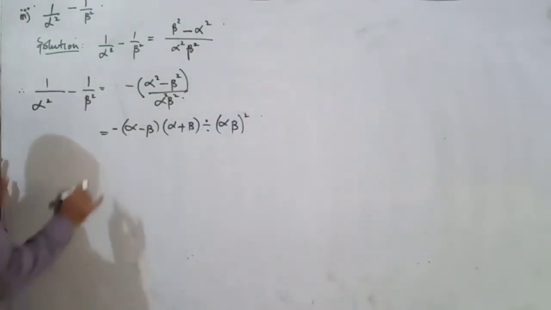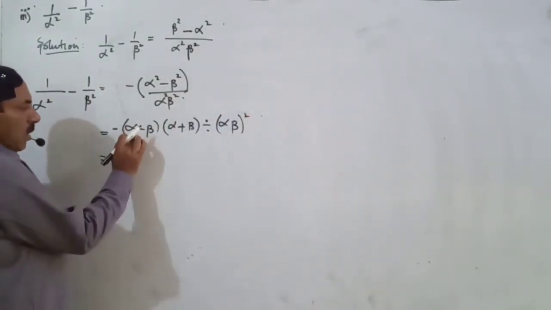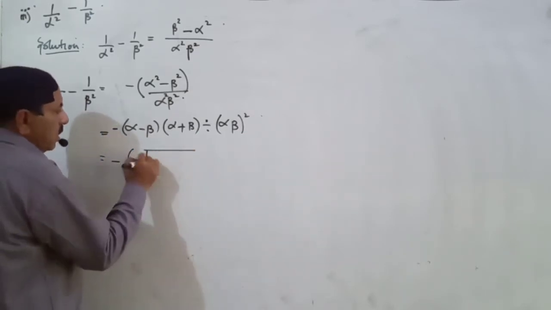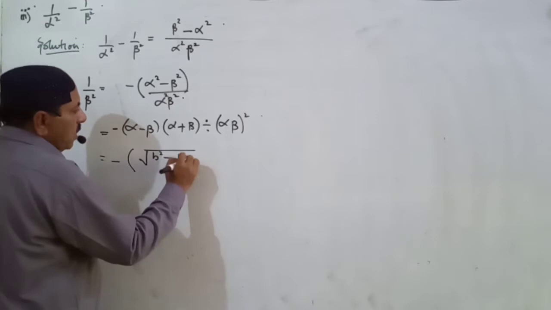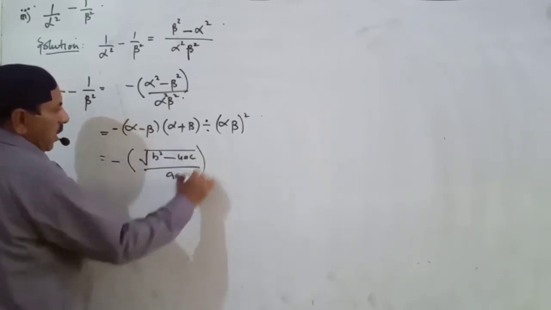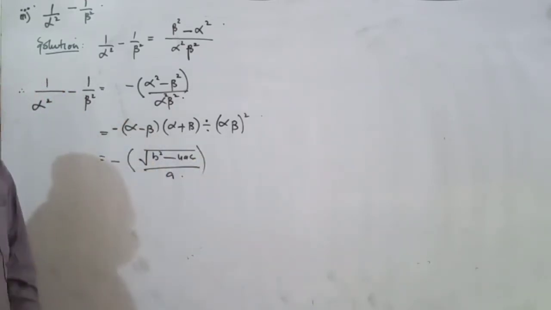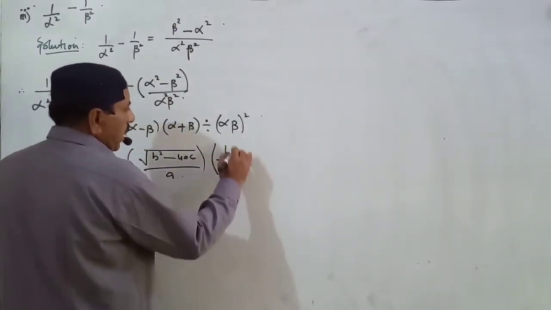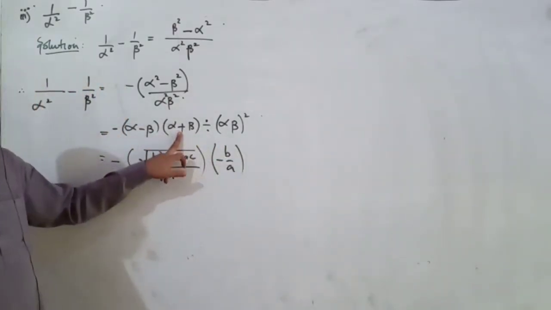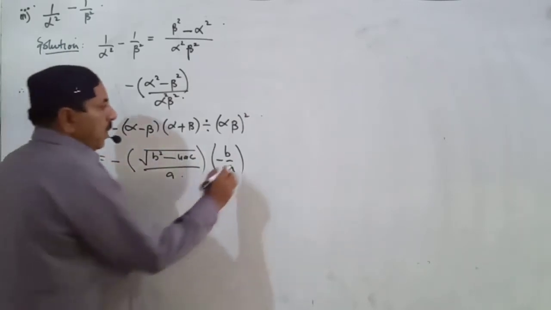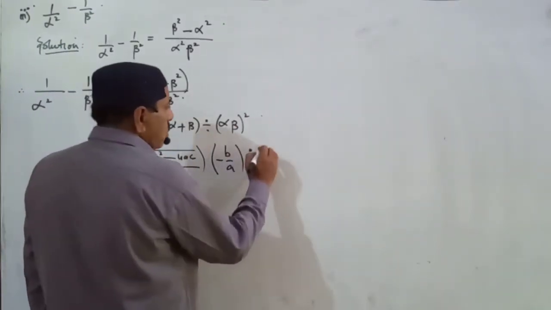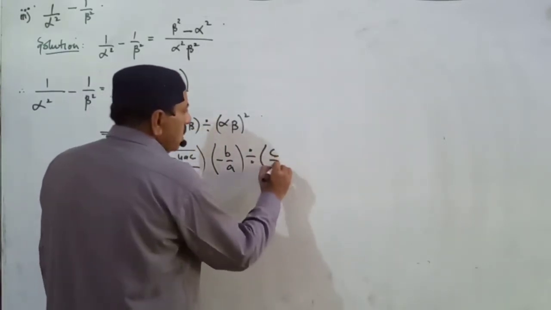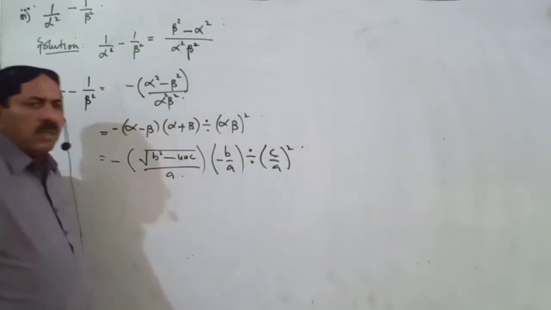So this will be minus the difference of the roots. We also know that the discriminant, square root of b square minus 4ac upon a, is the value of the difference of the roots, alpha minus beta. Minus b upon a is the value of the sum of the roots, alpha plus beta, divided by alpha into beta, the product of roots whole square, that is c upon a whole square.